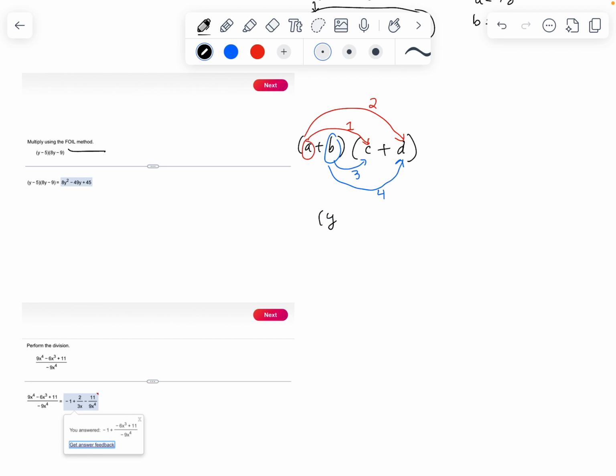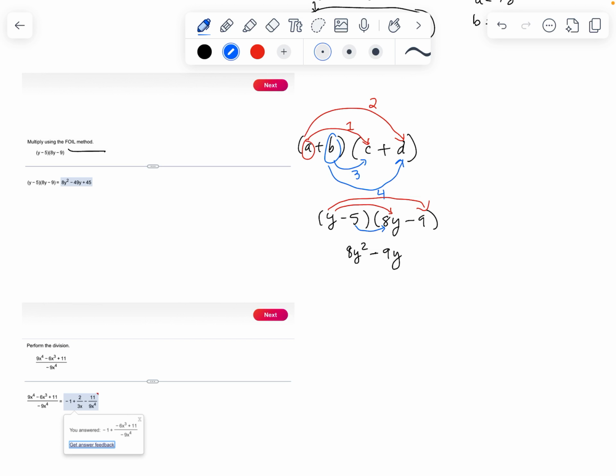So with the equation that we are given, y minus 5 times 8y minus 9, first we do y times 8y, it's going to give us 8y squared. Then we do y times negative 9, it will yield negative 9y.